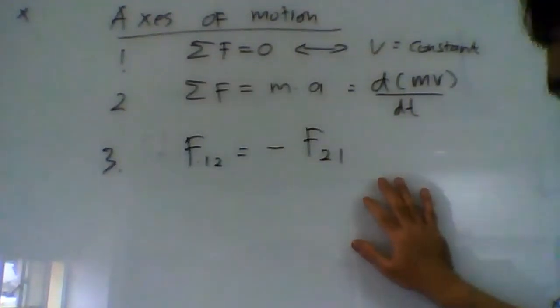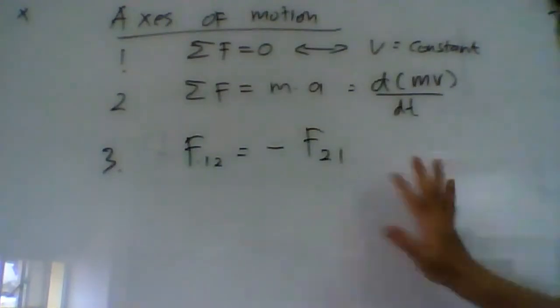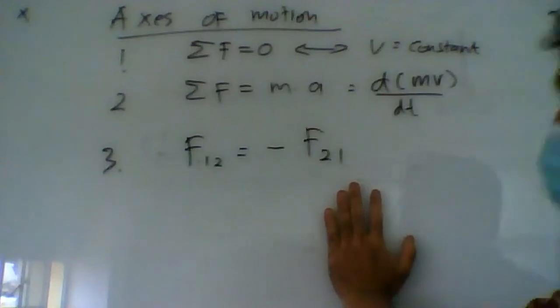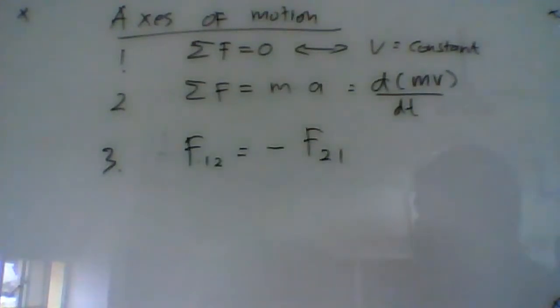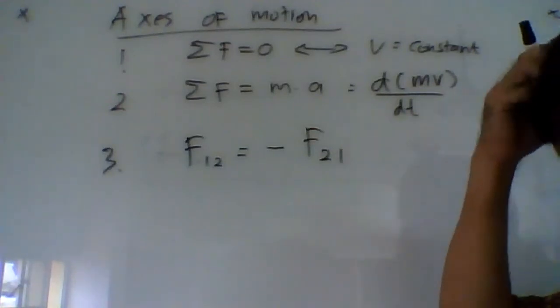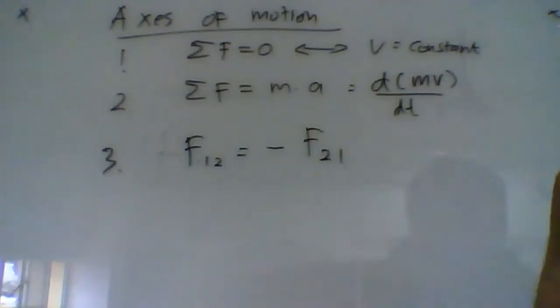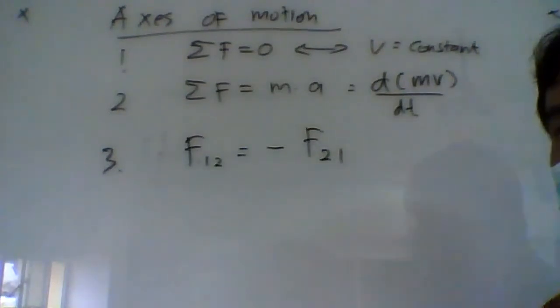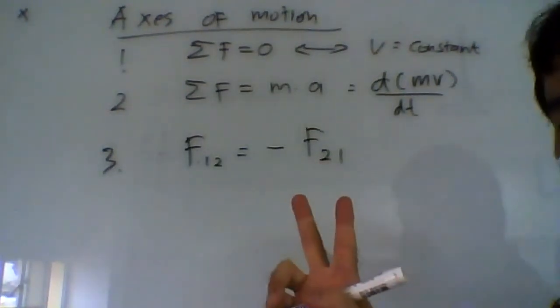The net effect, in this case, is that there is no motion, because no matter how strong I push, they are going to push back with the same force. Be careful here that this is about the same couple of objects.